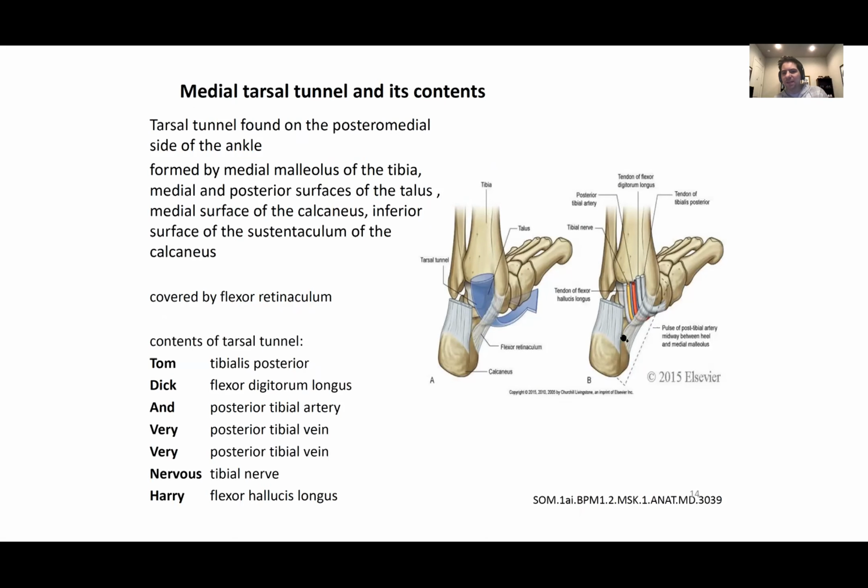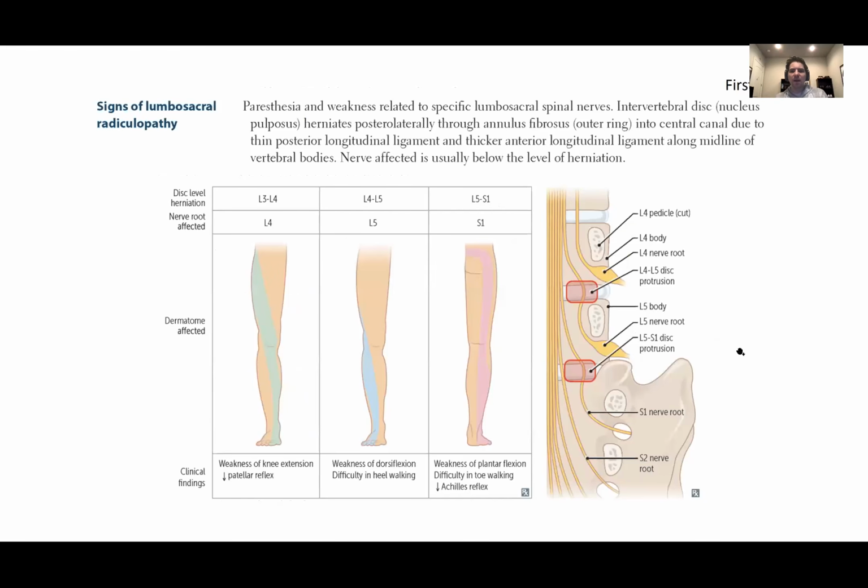This is the flexor retinaculum, this tarsal tunnel, and they run in the same order. From anterior to posterior, it's tibialis posterior, flexor digitorum longus, artery, vein, tibial nerve, and then the flexor hallucis longus. So you can see how they run anterior to posterior once they go through the tarsal tunnel.